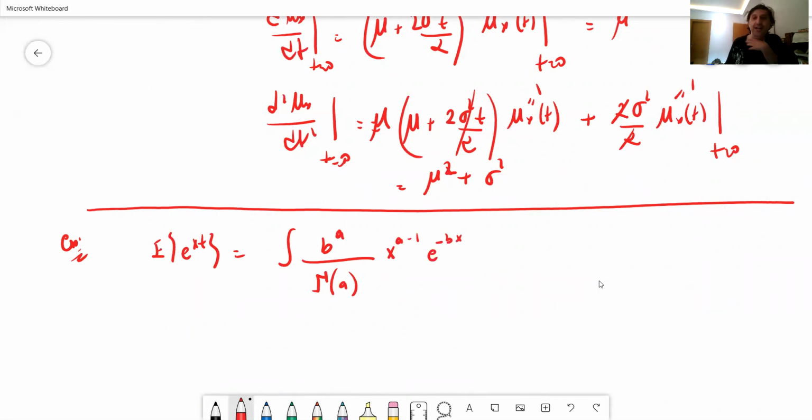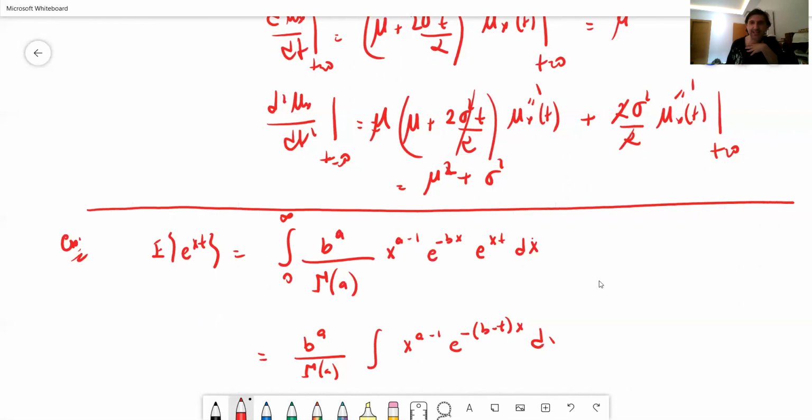This is the form of the gamma distribution, and we are going to multiply it by exponential xt, and we integrate it from 0 to infinity. So what we are going to have here is b to the power a, x to the power a minus 1, exponential of minus b minus t times x, dx.